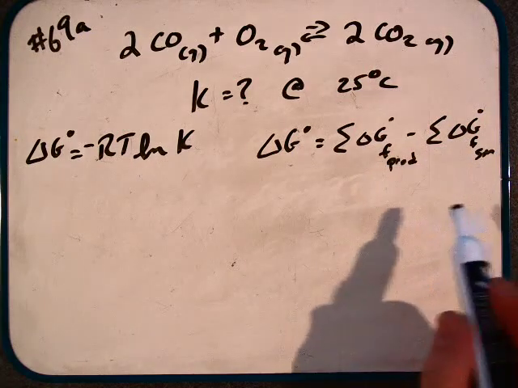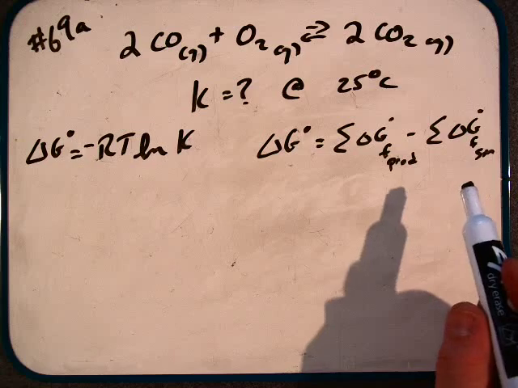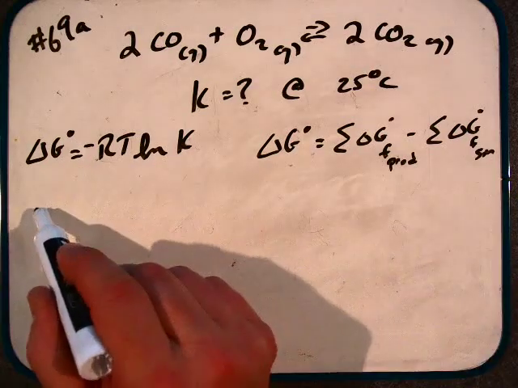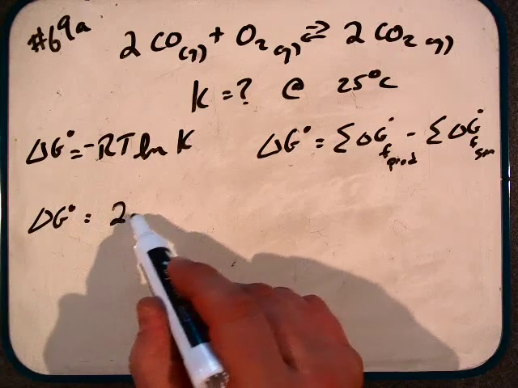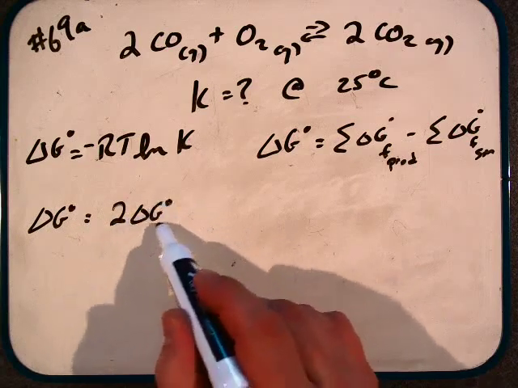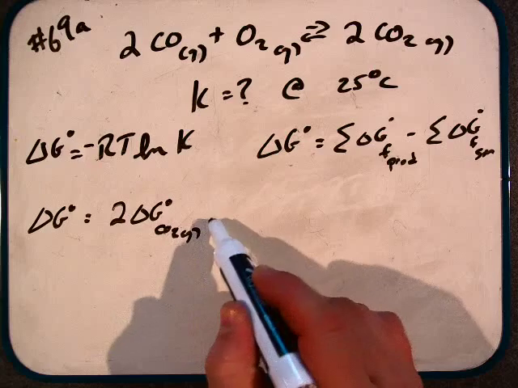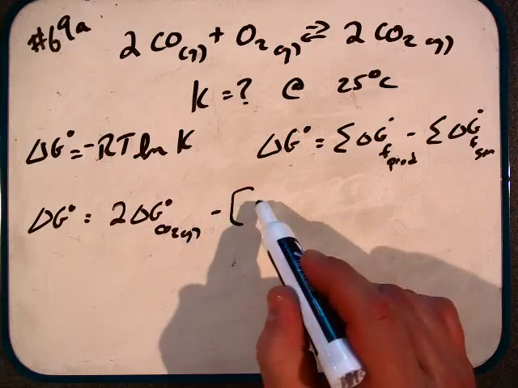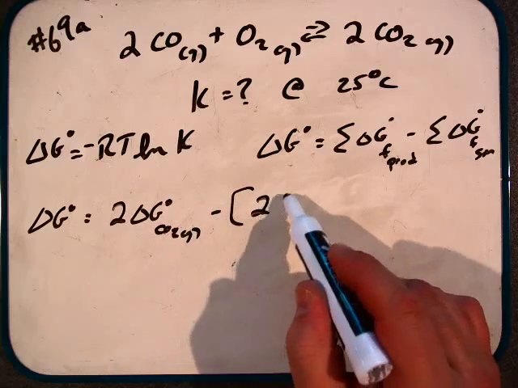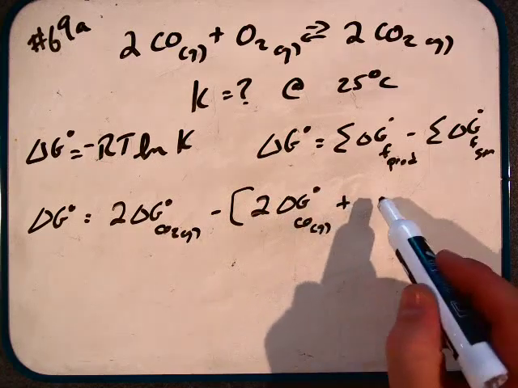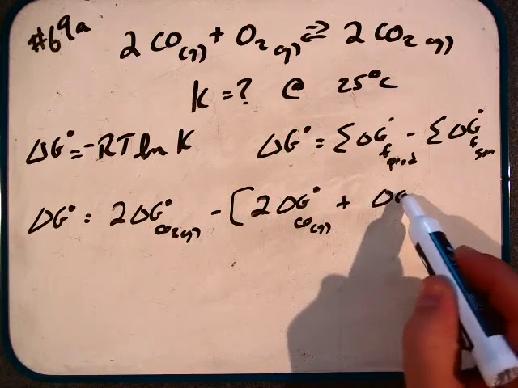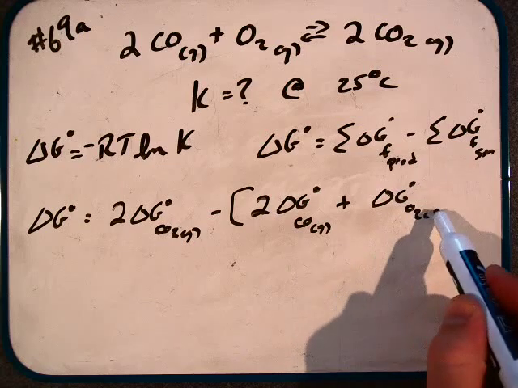And so we want to take the difference of those two. That would mean that our delta G would equal 2 times the delta G of formation for CO2 minus 2 times the delta G for carbon monoxide plus the delta G of formation for oxygen as a gas.